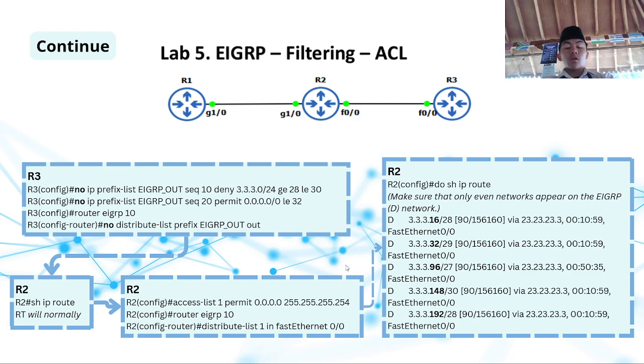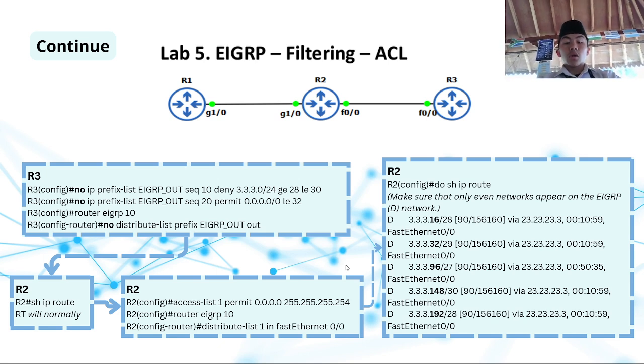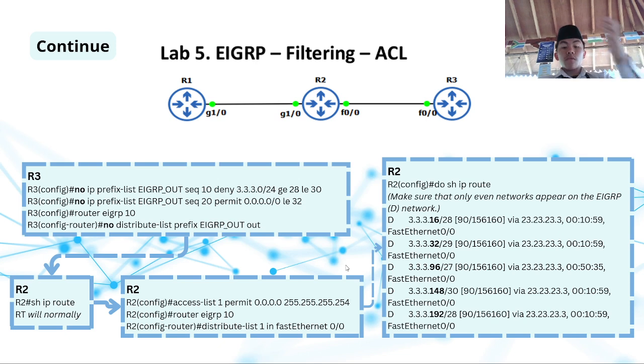The access list with 0.0.0.0 and 255.255.255.254 allows only networks that are even numbered. Then we apply this access list as a distribute list inbound on interface FastEthernet 0/0. So now router 2 will only accept routes from router 3 that match this access list.